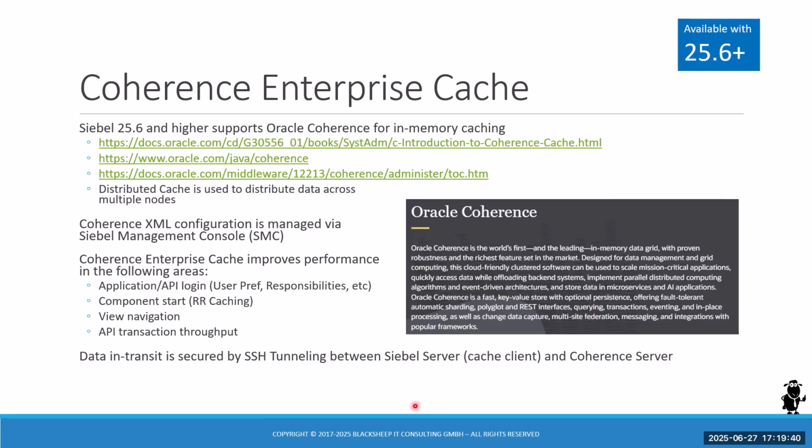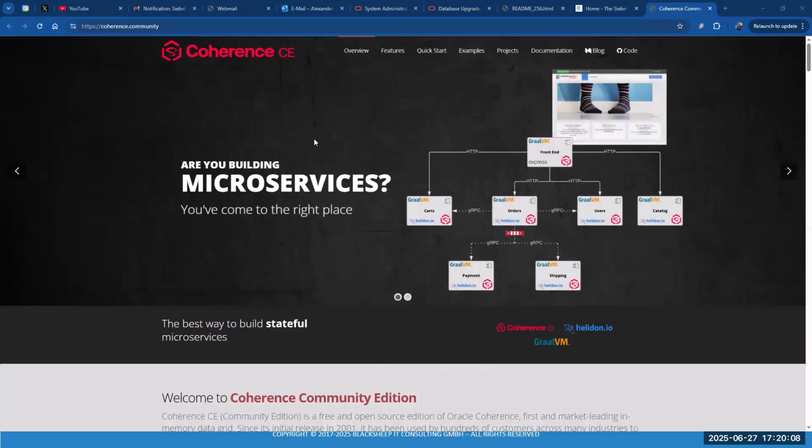I've looked up a little bit on that. I remember the days when it was called Tangosol, which was the company, and there's still the Tango reference. There's quite a lot of community around coherence. For example, there's this coherence community page, which has a community edition for coherence.